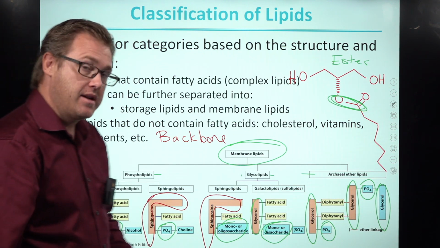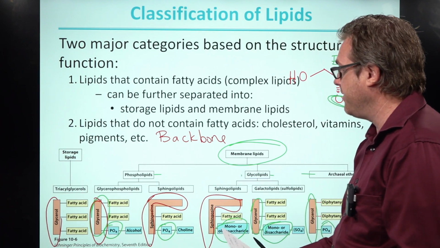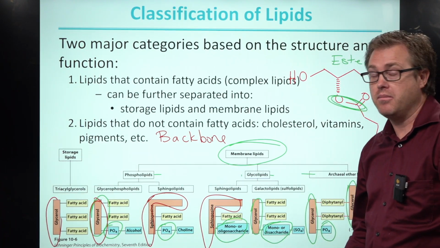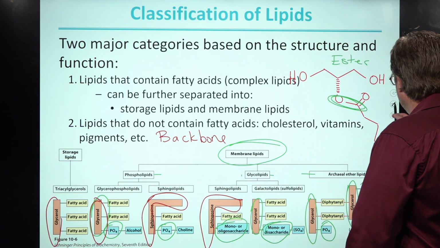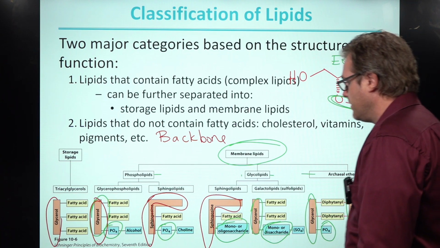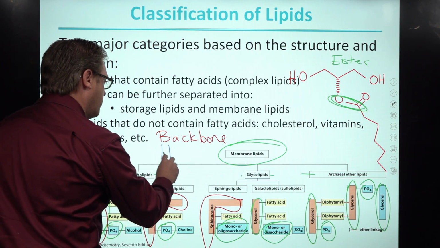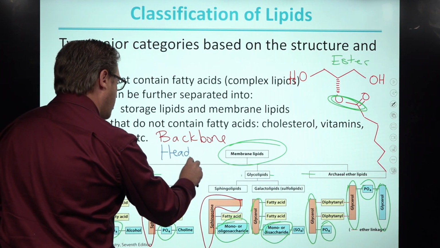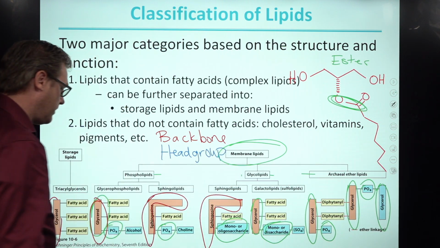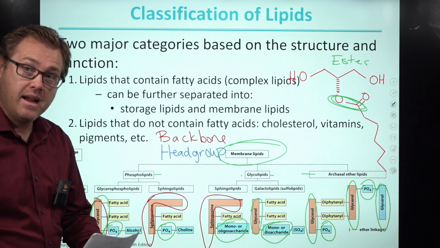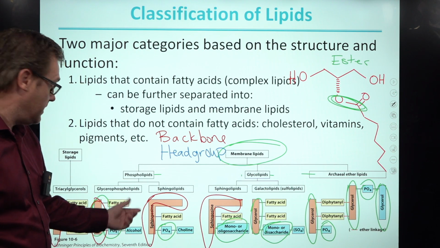So we have the glycerol backbone of lipids, and we have the sphingosine backbone of lipids. Everything in blue on this graph right here, that's called the head group. And what you're going to see is that, let's say we look at the glycerophospholipids.